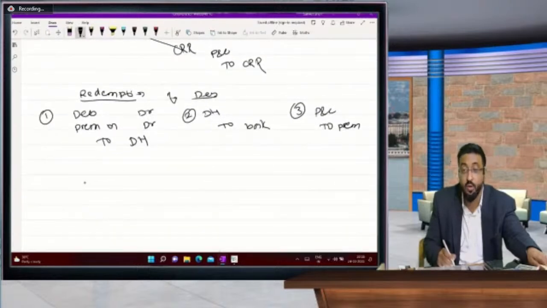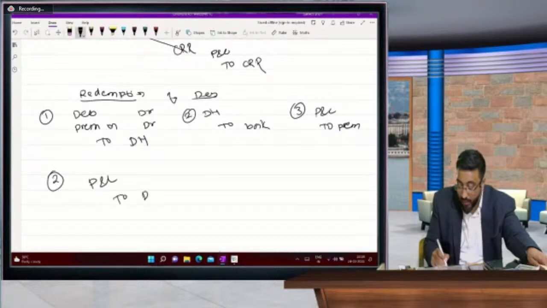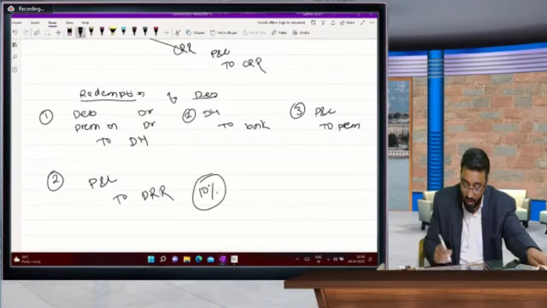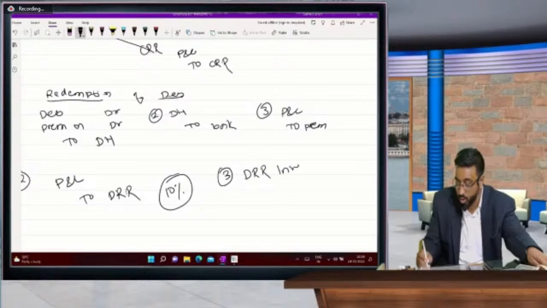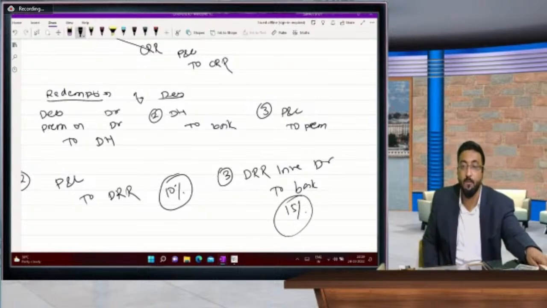Here there is no need of face value, but P&L account debit to DRR every year, 10% of debentures value. And for unlisted companies and listed companies and other companies other than bank and finance companies, then DRR investment also to bank. So this is 15%. And this is all for all entries regarding redemption of debentures.